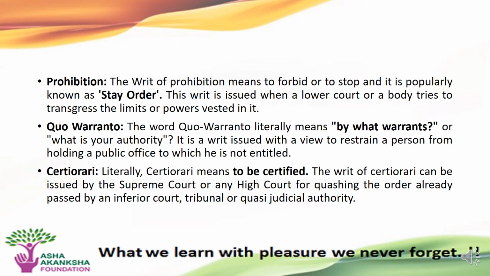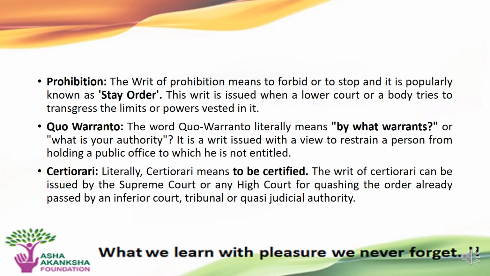By using the writ of prohibition, the upper court gives a stay order or prohibits the action of the lower court when it is seen that the lower court has trespassed or has extended its limit of jurisdiction or the quantum of punishment it can give.